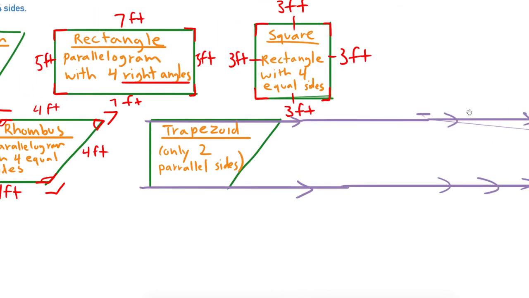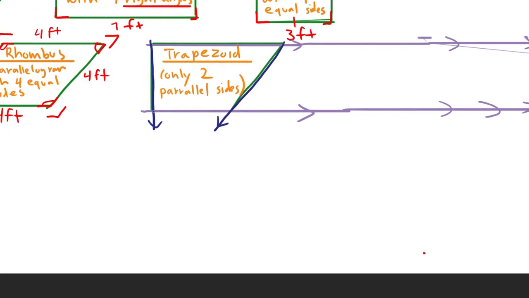But can I say the same thing about this side and this side here? If I stretch this line out all the way down here, and stretch this line out, you can see that eventually, at a certain point, they're going to crash into each other or intersect.